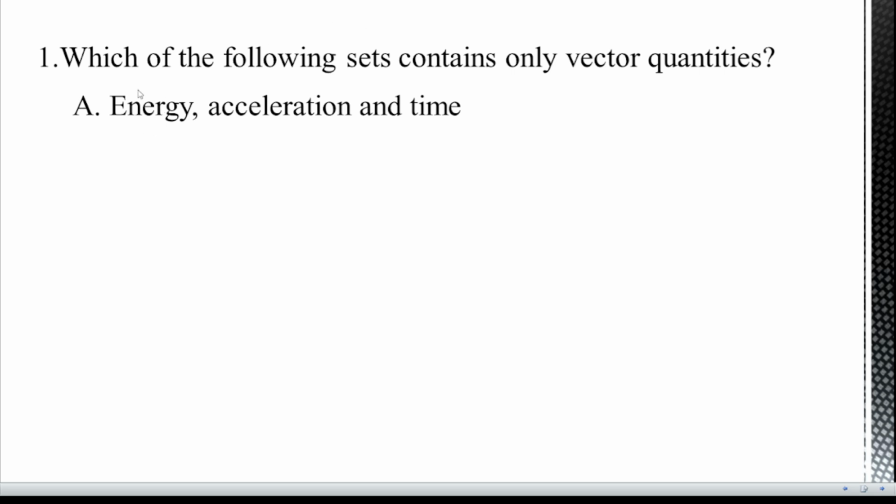Choice A contains energy, acceleration, and time. Among them, the only vector physical quantity illustrated here is acceleration. The rest, energy and time, are scalar physical quantities, and hence choice A is canceled because this is not the answer.